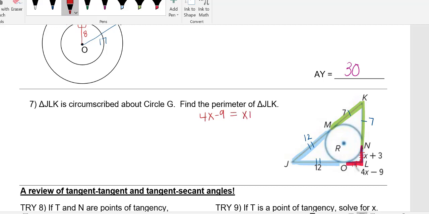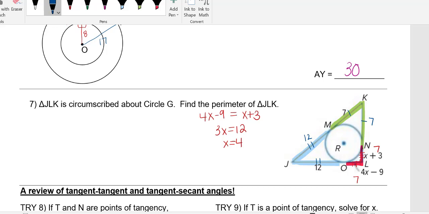And again, the reason we're able to do this is because of those tangent segments. We get x is equal to 4, and then we can plug that back in to find our length of NL and find that length of OL. Again, if you've done that correctly, you should get the same lengths for each of those tangents.